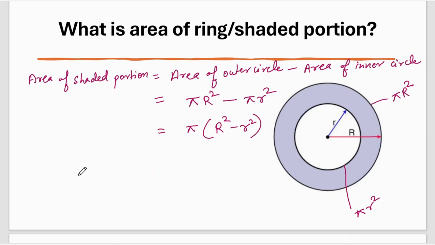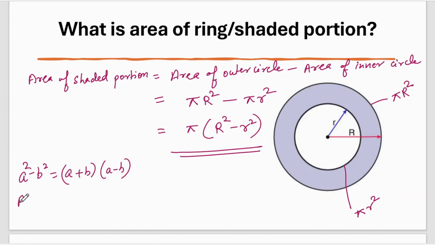One important concept that I'm going to discuss. So this is the answer for the area of the shaded portion. But for the convenience of calculation, I'm going to discuss something. See, we know the formula of a square minus b square. It is a plus b and a minus b.